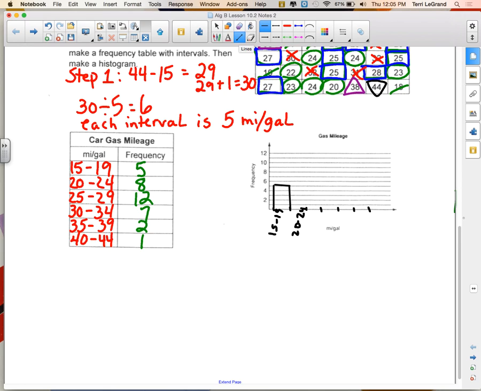Our bars show the frequency. And then you shade your bar nicely.